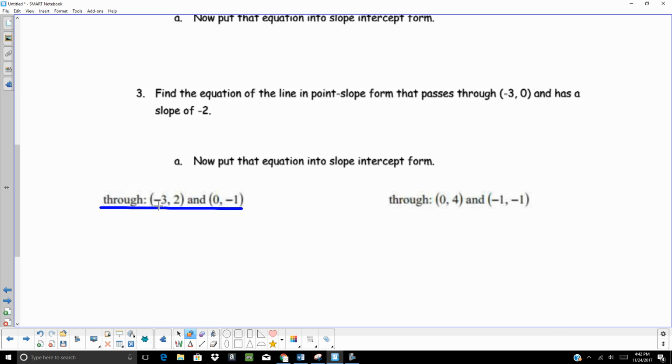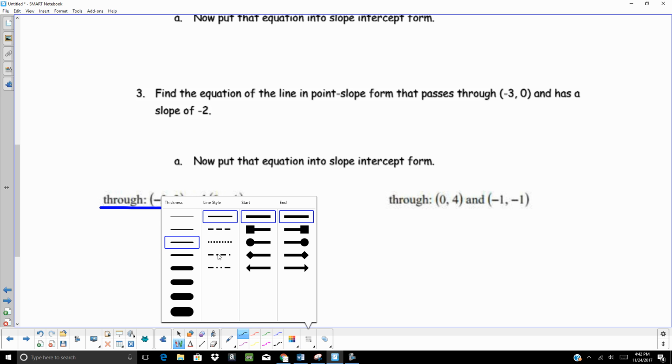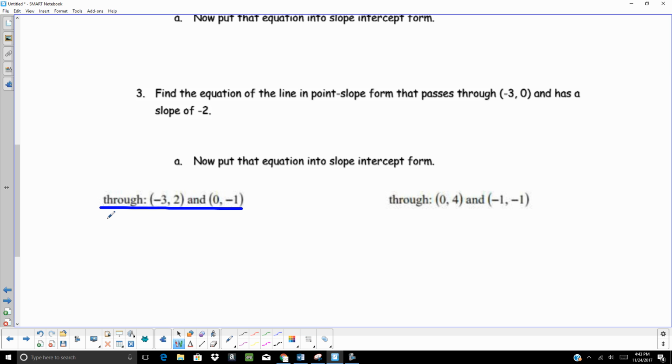So I've given myself 2 points, and I want to write an equation. However, I don't know the slope, but we're now smart enough we can figure out what that slope is. We've done that before, not that long ago, where if you want to find that slope, you take the difference of your y's over the difference of your x's.